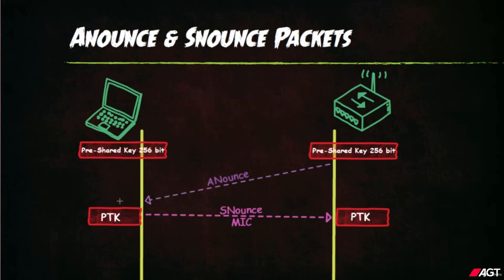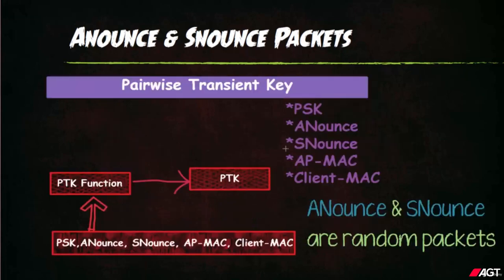Now the client will send the SNonce packet to the access point, right? So the PTK is generated on the client side, and the client will send the same SNonce packet to the access point. And the access point will also calculate its pairwise transient key with the same attributes.